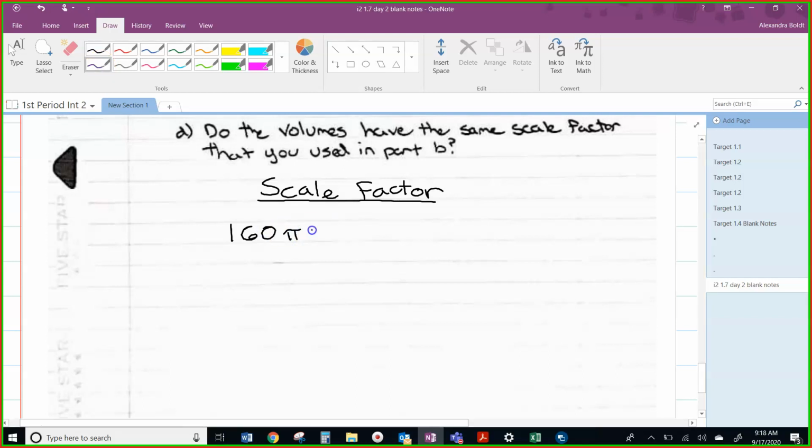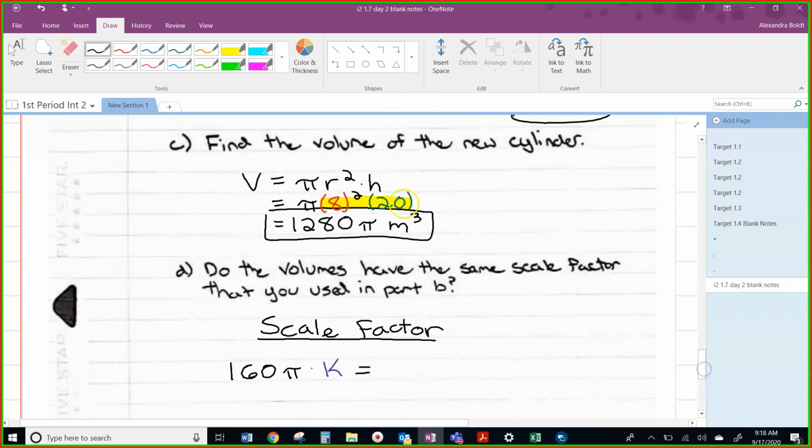Times some scale factor, which we will find, is going to equal our new volume. Okay.